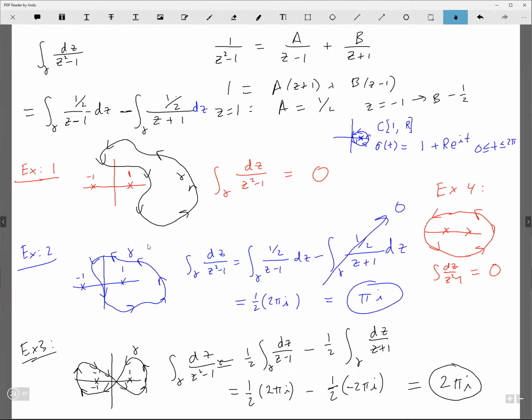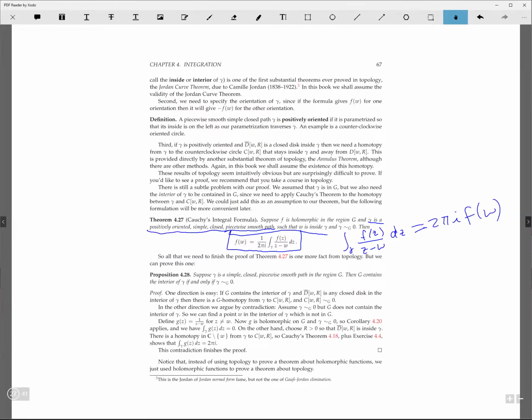Also, there's an alternative way to do this problem right here, which doesn't involve splitting it up, it doesn't involve having to find the partial fraction decomposition. So let me show you that really quickly.